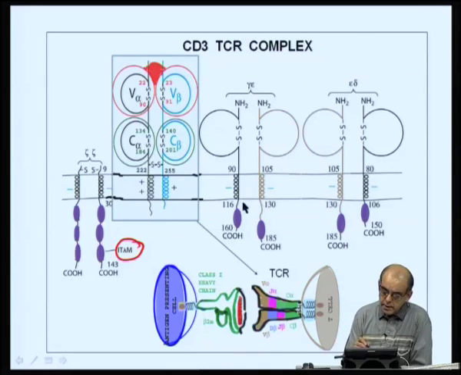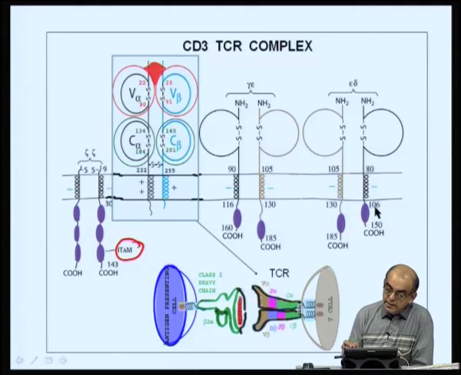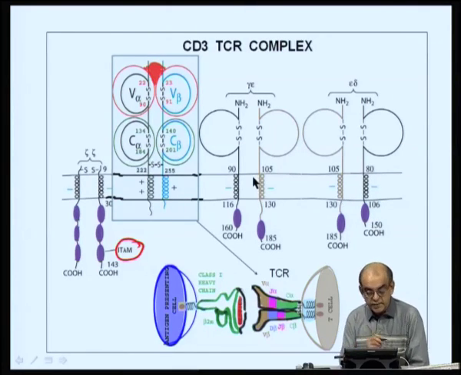So, if you see these different subunits, for example, the gamma epsilon or the delta epsilon, you find that there is one ITAM each in these subunits. So, these two subunits have one ITAM each, as shown by the purple ovals over here. These are the different numbers of the amino acids that are in that position.